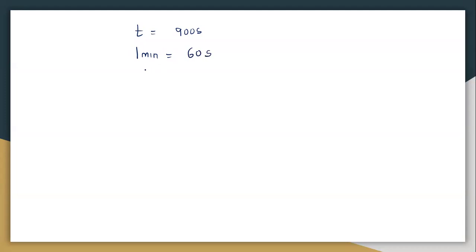So you ask yourself, how many minutes are in 900 seconds? You have 900 divided by 60, and you end up with 15 minutes.